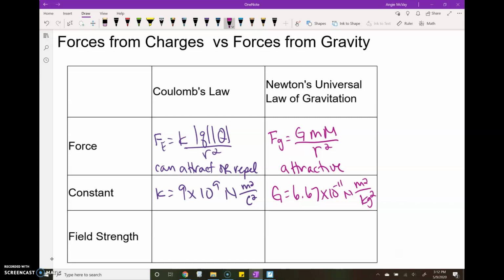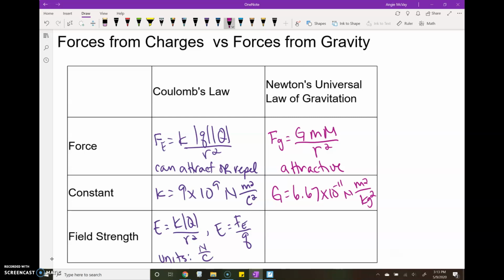All right, and then gravitational field strength compared to electric field strength. Electric field strength is kQ over r squared, right? Or electric field strength is electrostatic force divided by charge. And the units, force divided by charge, so it's newtons per coulomb.